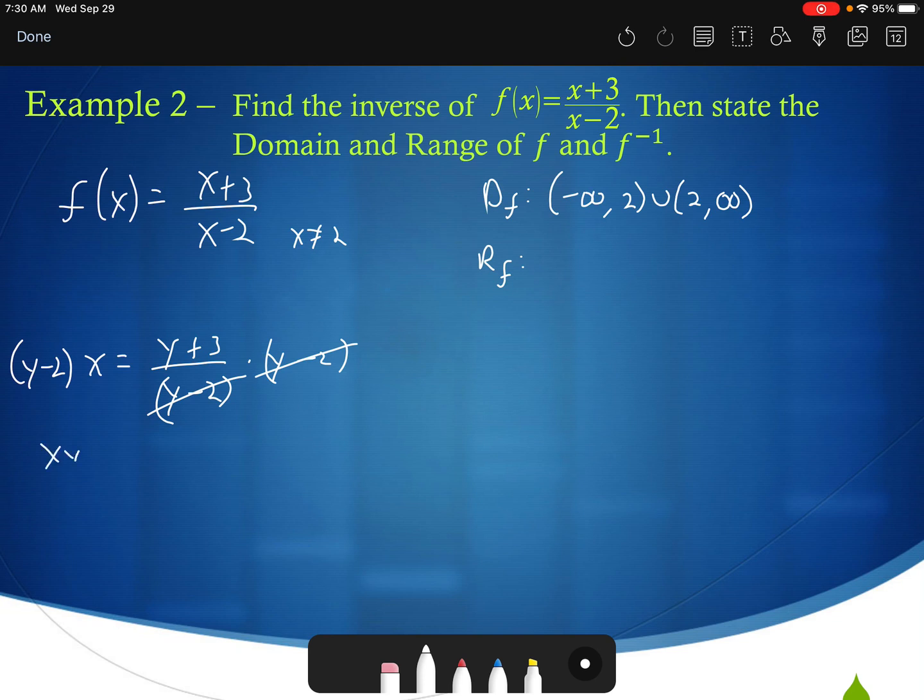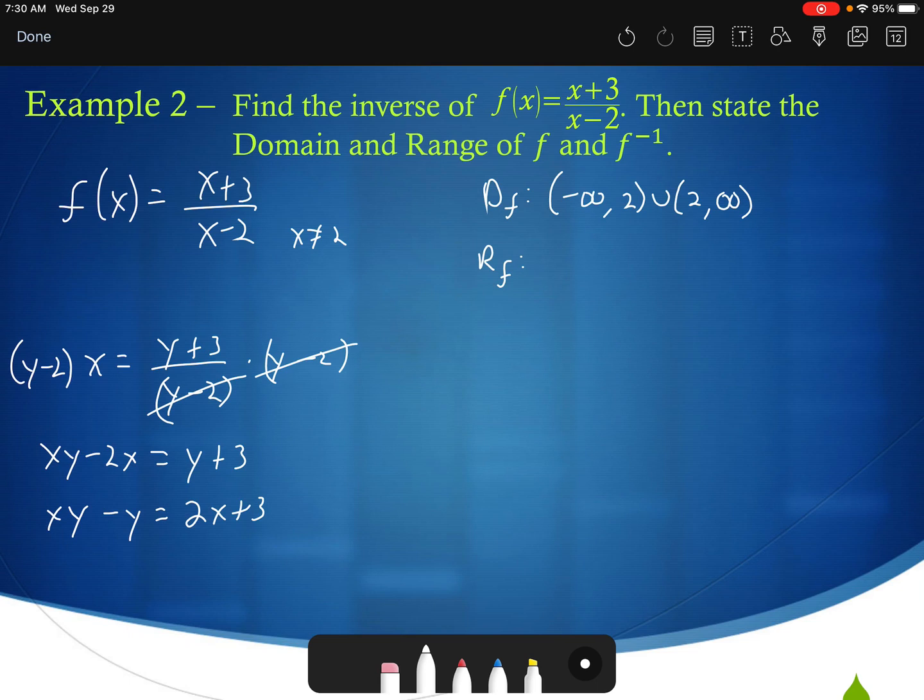We can't do that without distributing. Okay? Now, before we can solve for y, we have to get the y's together. So we're going to subtract y and add 2x.